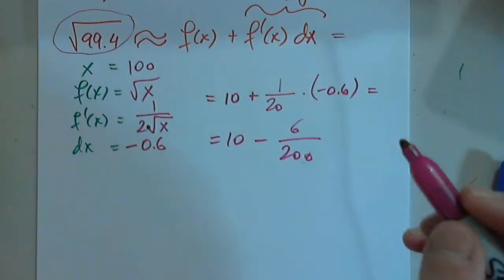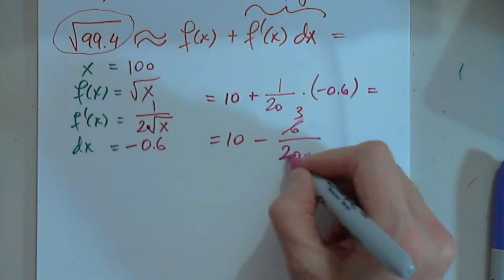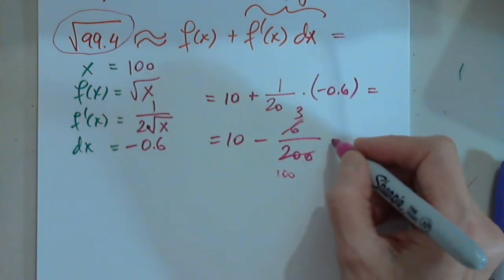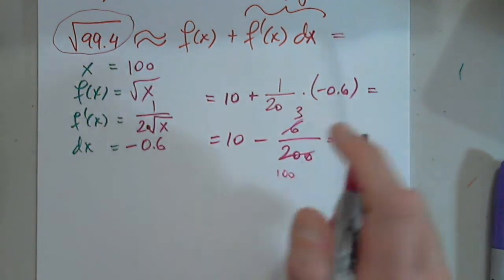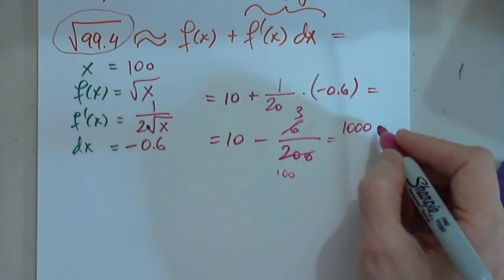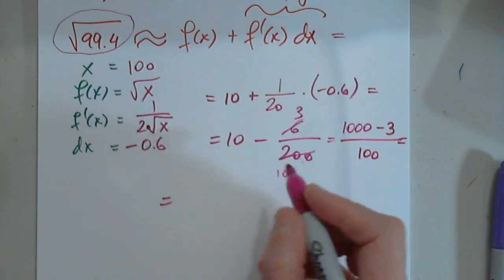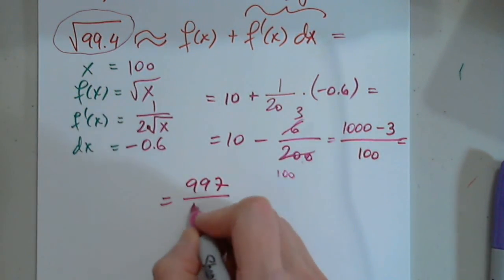I multiply by 10, I get 200. But I can simplify by 2. So I have 3 over 100. That I can do. So then 100 times 10 will be 1,000 and minus 3 at the top divided by 100. You don't have to do anything else, but just write 997 over 100.